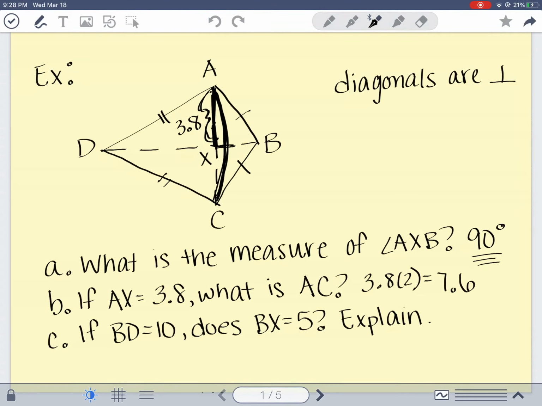Our last one says if BD, from B to D, this whole piece, is 10, does that make BX right here 5? I want you to think about that for a second. Does the shorter diagonal bisect the longer diagonal?